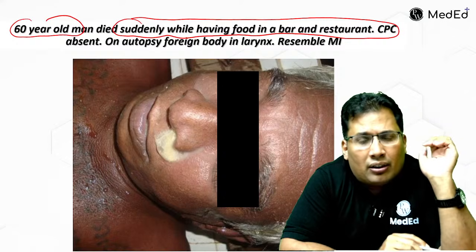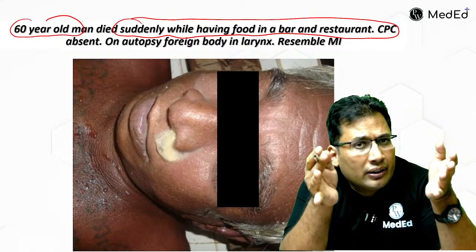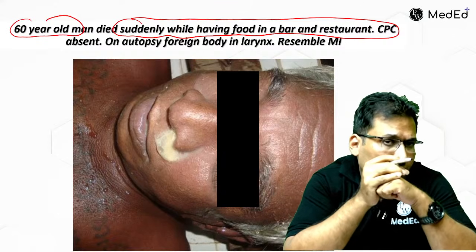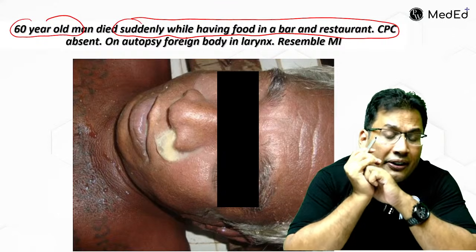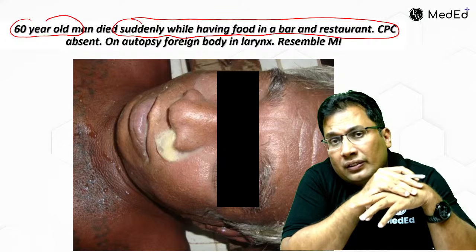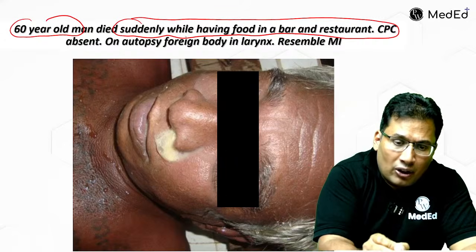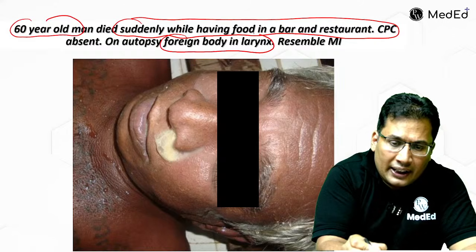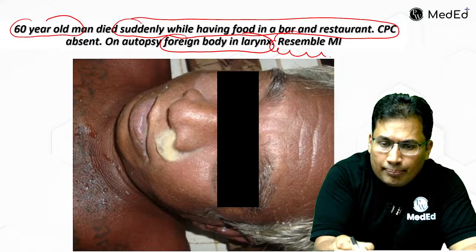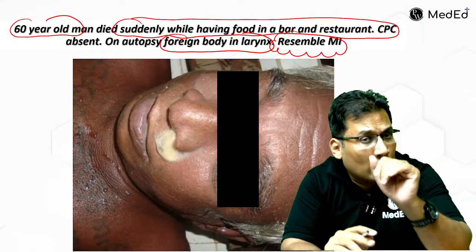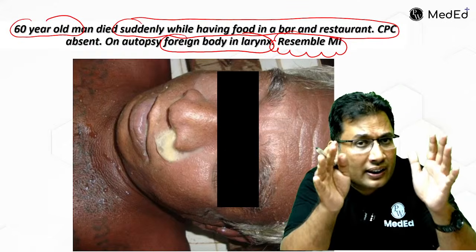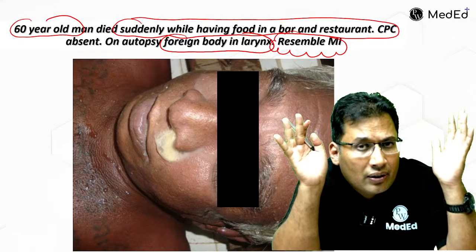People thought it was a heart attack. But CPC absent, congestion, petechial hemorrhages, cyanosis absent. On autopsy, a foreign body was found in the larynx. It is known as cafe coronary because most of the deaths occur within a bar and restaurant.